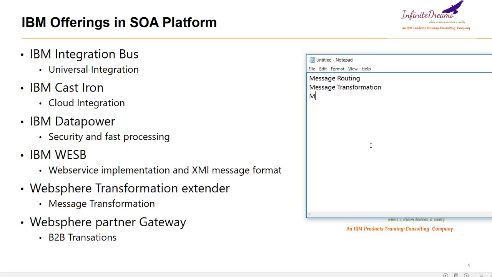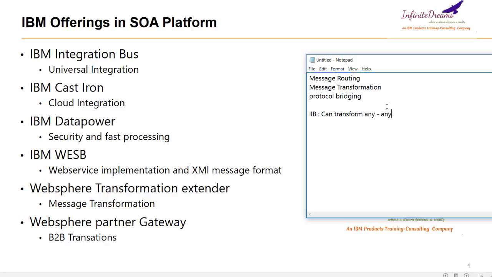Okay, and protocol bridging. In these tools, IAB, we call IAB a universal integrator. Universal integrator means IAB can transform any to any message format.